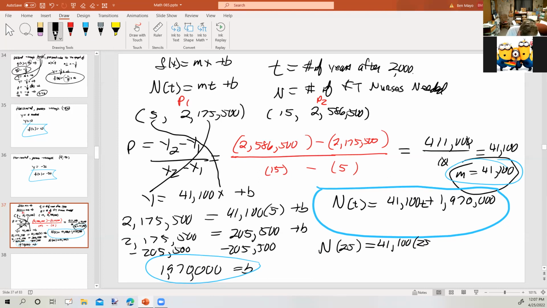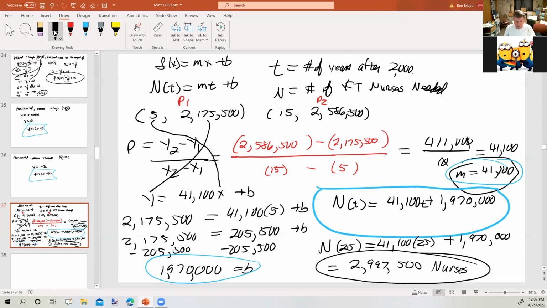So N of T would be 41,100 T plus that. And I get 2,997,500.